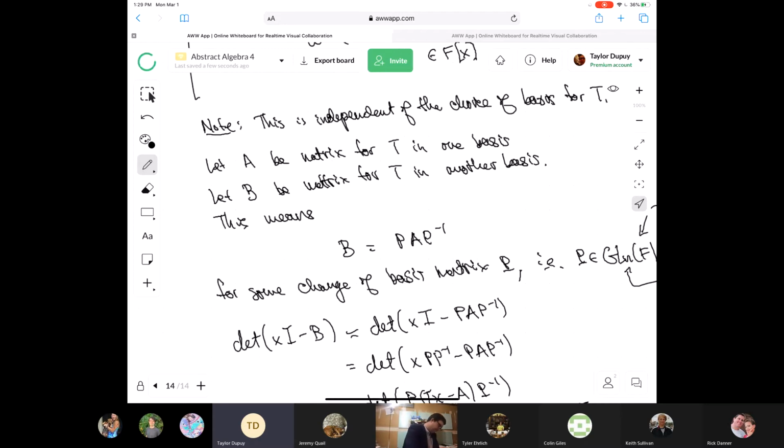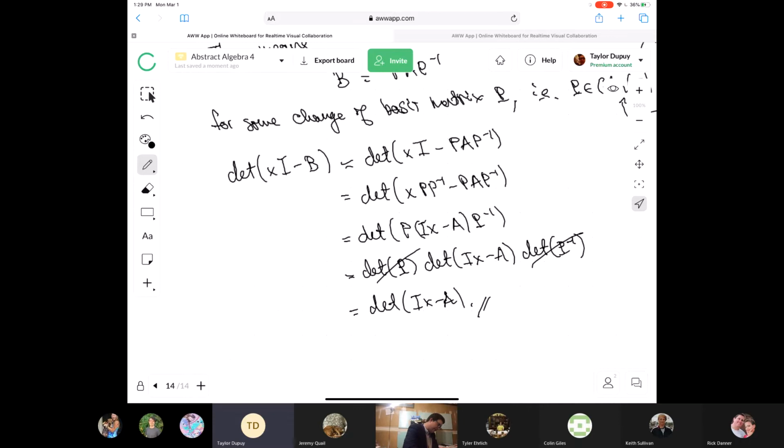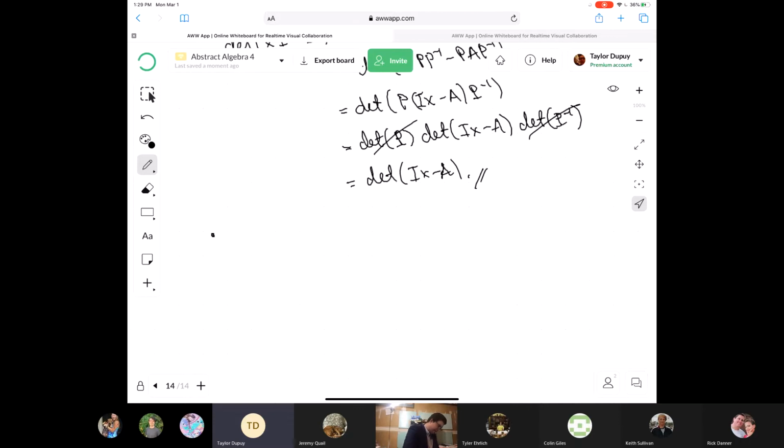The other thing I wanted to note is that in general, the characteristic polynomial p_T(x) does not split into linear factors.